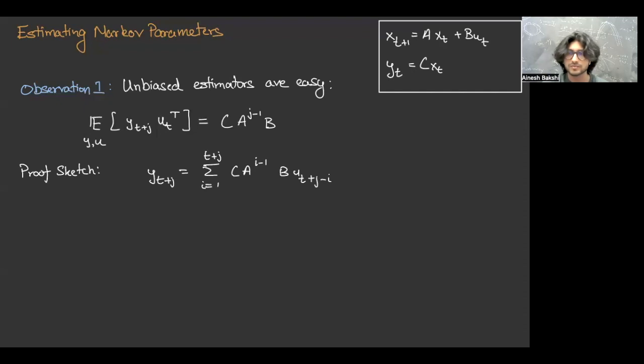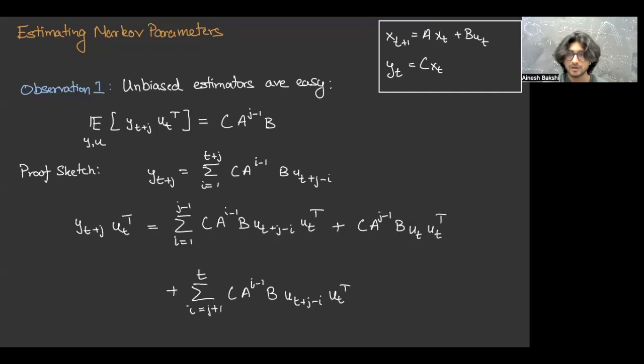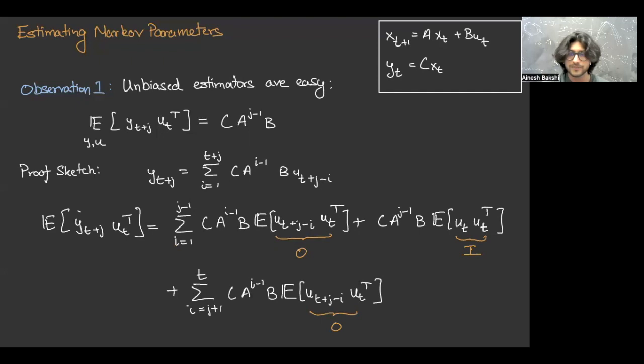I'm going to quickly sketch a proof of this, expanding the definition of y sub t plus j. By unrolling the recurrence, we get an expression of this form. Right multiplying this expression by u sub t transpose, we can break the sum into 3 terms as described here. Taking expectations on both sides, we can see that the covariance of the u's, when the u's are distinct, is 0.